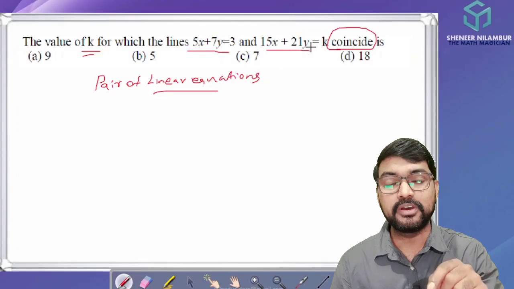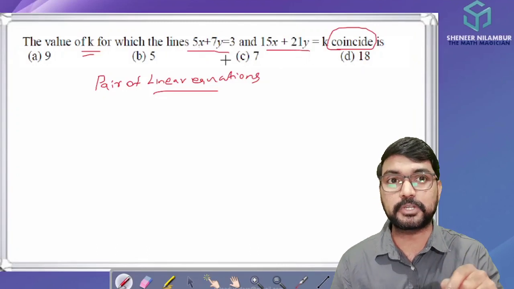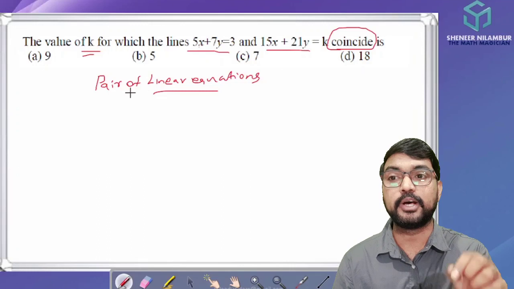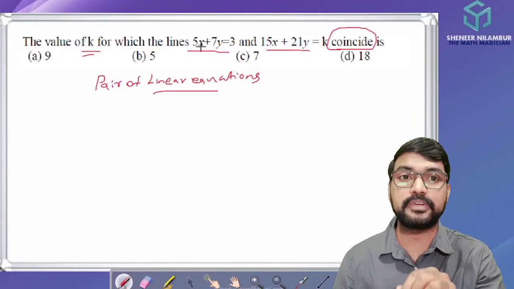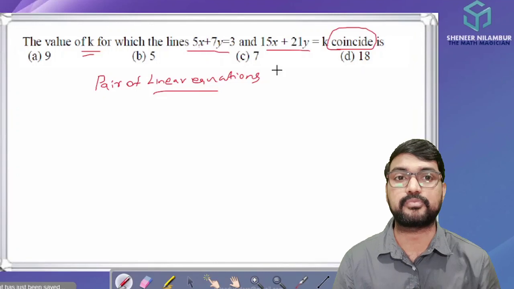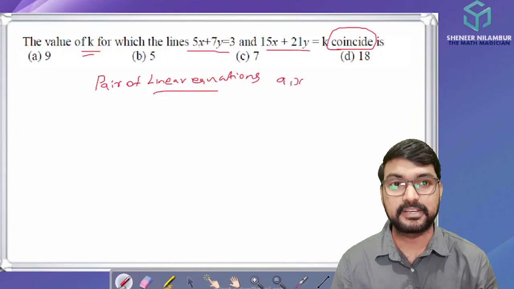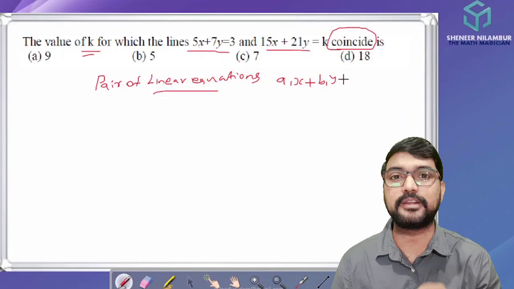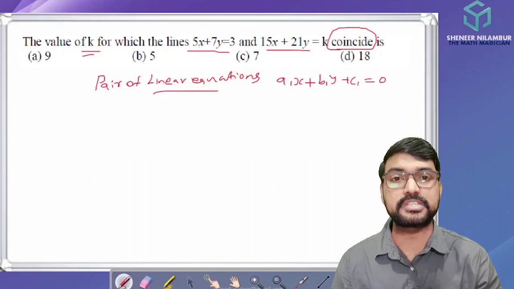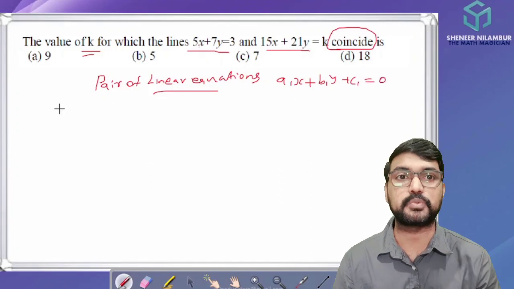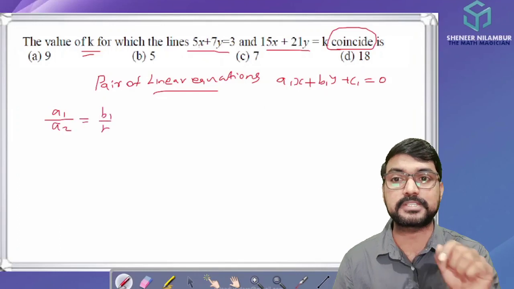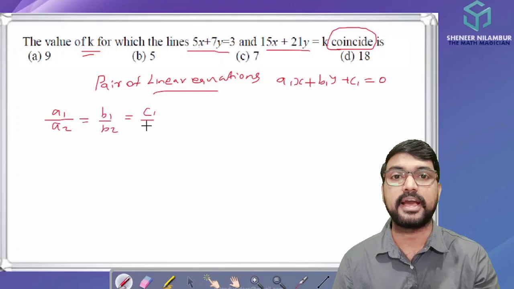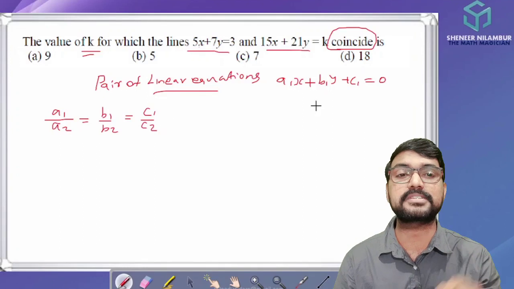We can recall, we studied a particular topic, the relationship between the coefficients and the nature of the graph. Suppose a1 by a2 is equal to b1 by b2 is equal to c1 by c2, which are the coefficients of the pair of linear equations a1x plus b1y plus c1 is equal to 0 and a2x plus b2y plus c2 is equal to 0.